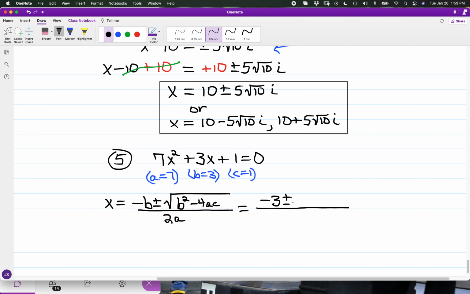And we have plus or minus the square root. Now for b squared, again we have 3 squared, minus 4 times a times c, so we have a at 7 and c at 1. We have all over 2a, so we have 2 times 7.